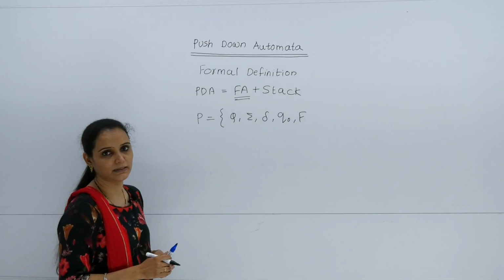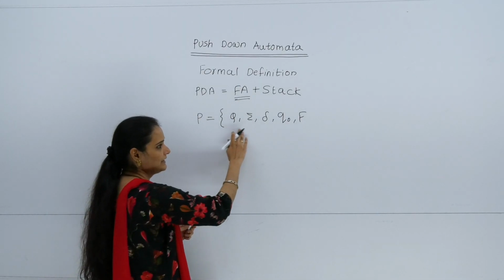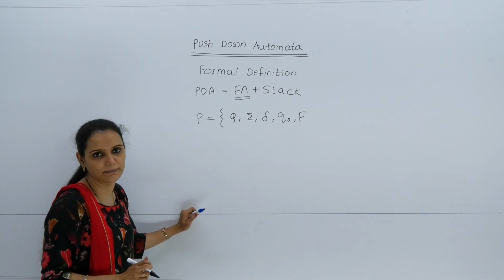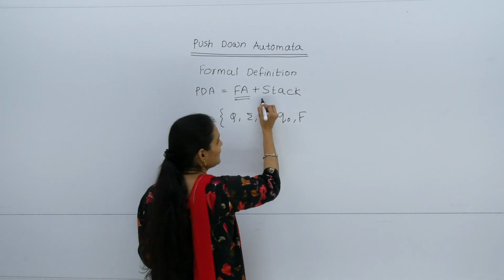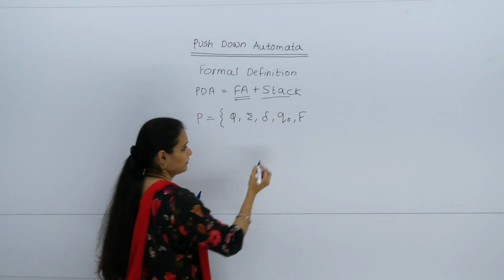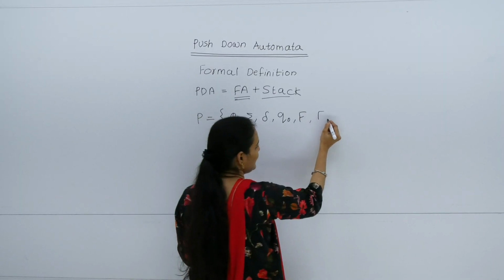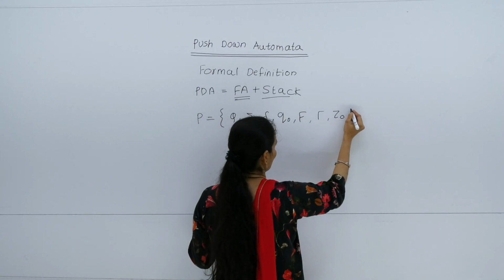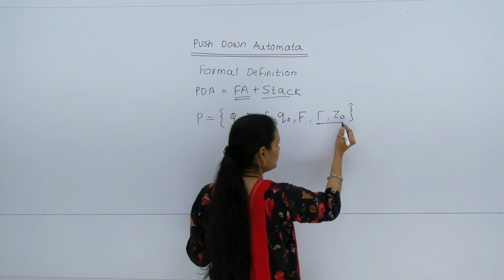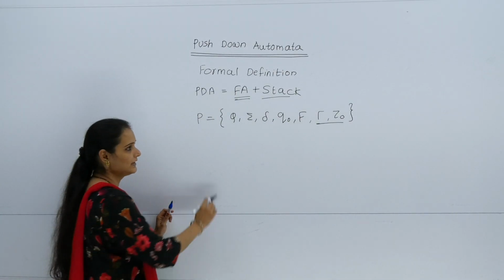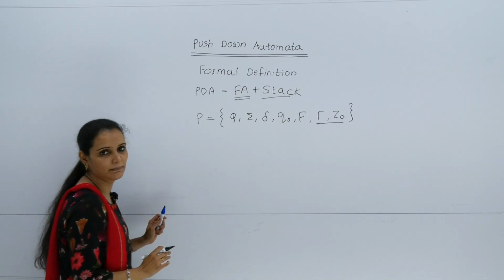So finite automata is formally defined by using these 5 tuples. So in push down automata only 2 new tuples are included. So these are related to the stack. Okay, so which are those? Here uppercase gamma and the last one is the Z0. So here these 2 tuples are with respect to the stack. So here we will see what these tuples are about.